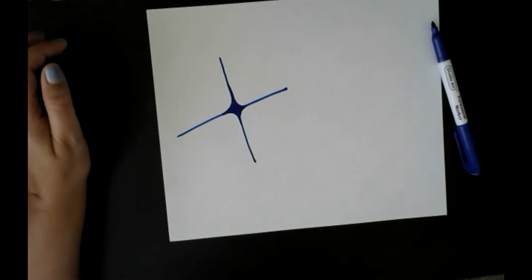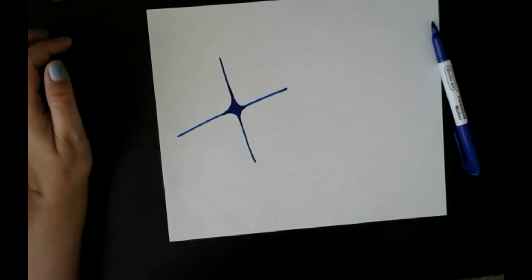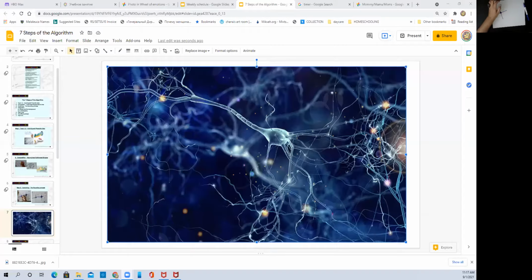Sorry, guys. Sometimes the computer just plays around on its own. So, if you look at the brain neurons, look how interesting it looks. The connection is also quite similar, the way the neurons connect to each other.